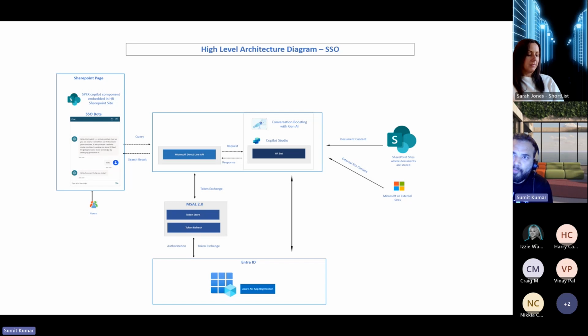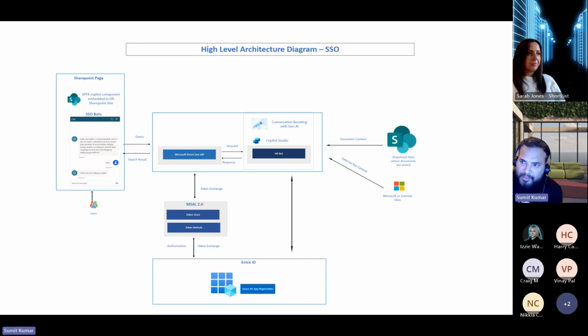We are building an SPFx component and then deploying it in the SharePoint site. Under the cover, there is something called the Microsoft Direct Line API. I think this is the API which is responsible for Copilot Studio to understand what tokens are being exchanged. There is a component, which is all there in GitHub, so I leverage that component.